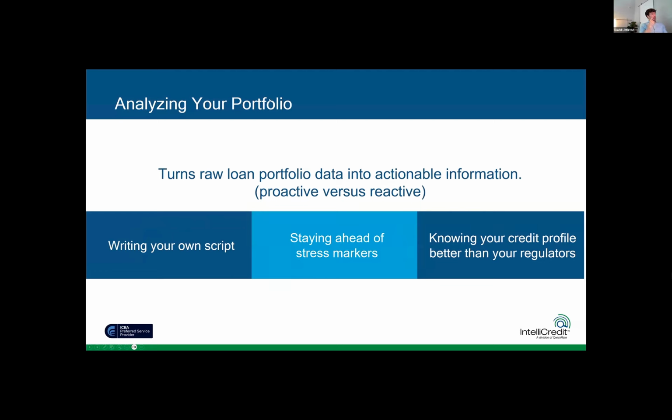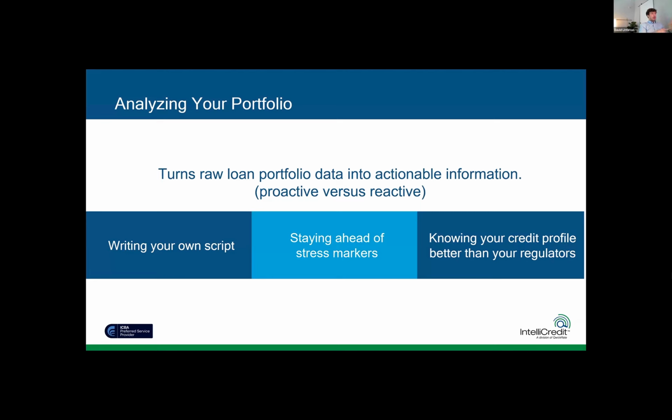Yeah, so again, it's about turning raw data into actionable information and writing your own script, particularly to have that narrative prepared when your regulator comes around. And staying ahead of stress markers, as Sean just alluded to, call report information is obviously lagging to a significant degree.